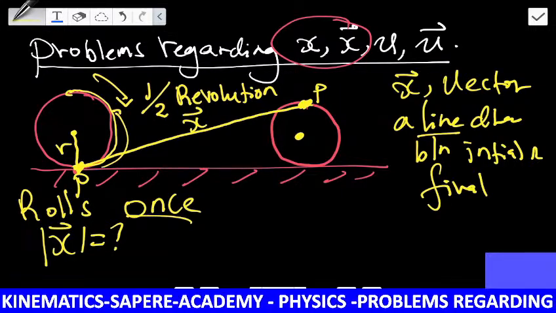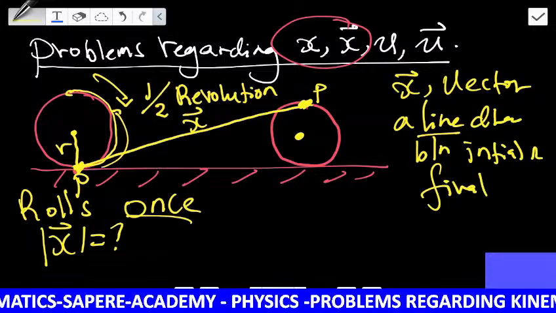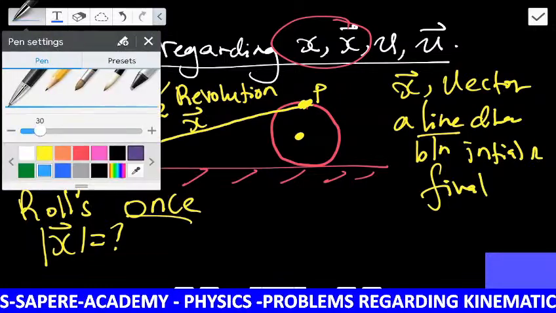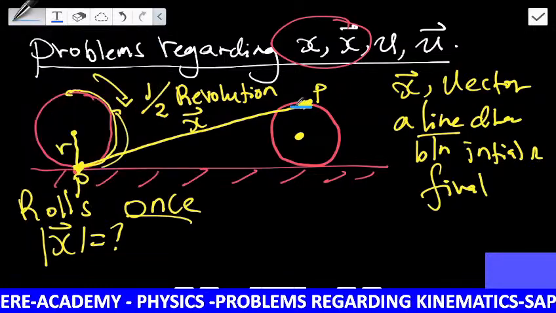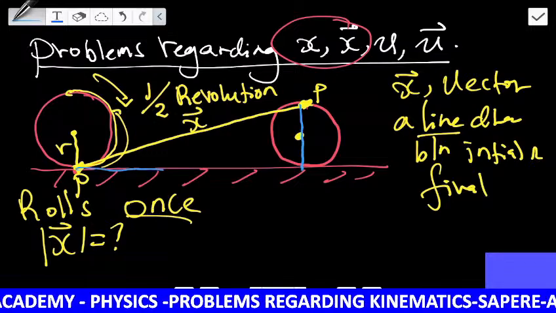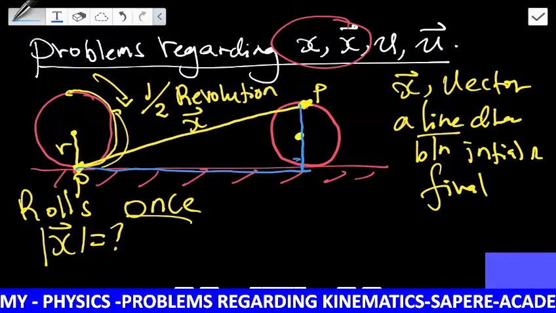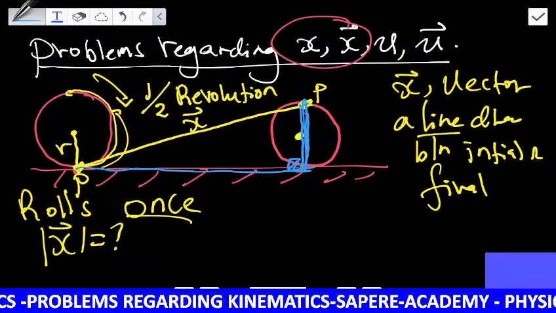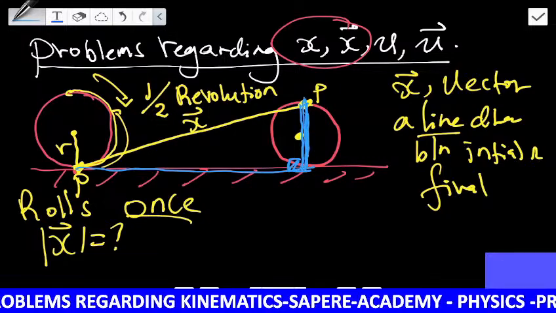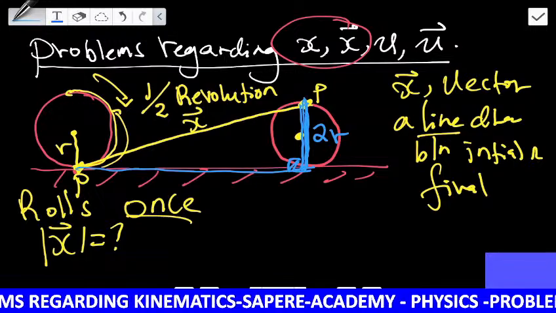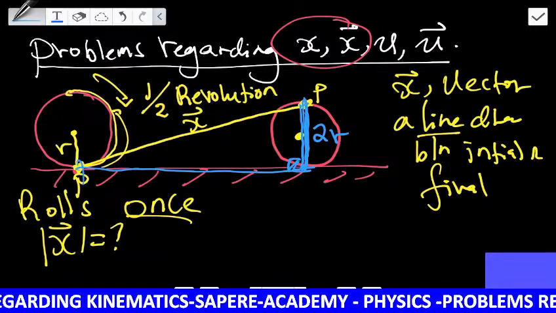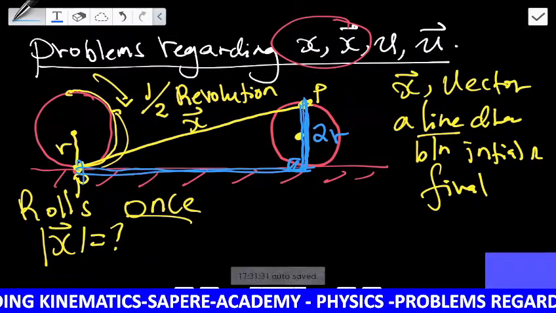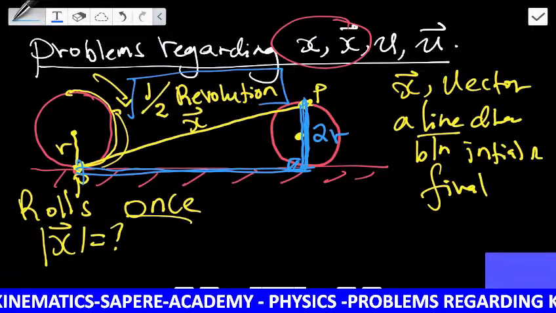To solve that, we can see that this forms a right angle triangle. If I draw a line like this, we have a right angled triangle. The distance here is twice the radius; it is the diameter of the circle, which is 2r. How do we find the distance here? We get it from the fact that it went half a revolution.